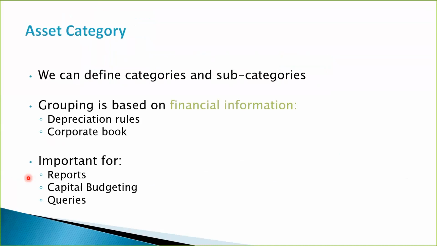So I know it's a bit abstract, so let me try perhaps to make it a bit more clear. We are going to see examples later, but let me just try and make it a bit clear. So when we talk about categories and subcategories, for example, one category you can have is maybe, and it's the one we are going to use, computing equipment, all right?